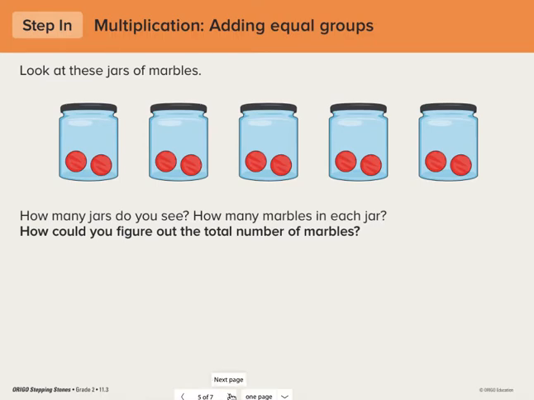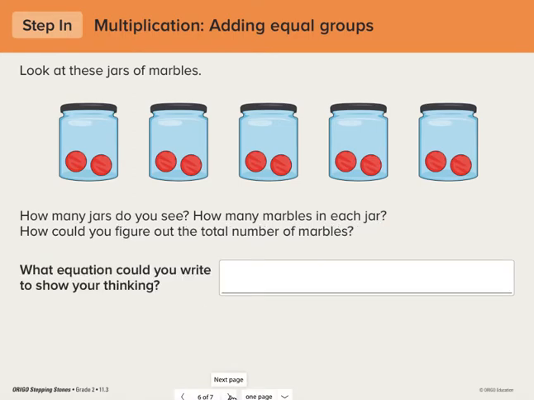Could we count by twos? Of course we could count by twos. We all know how to count by twos. How many times would we have to count by two? We would count by two 5 times because there are 5 jars. Each time we count by two, we're counting another jar.